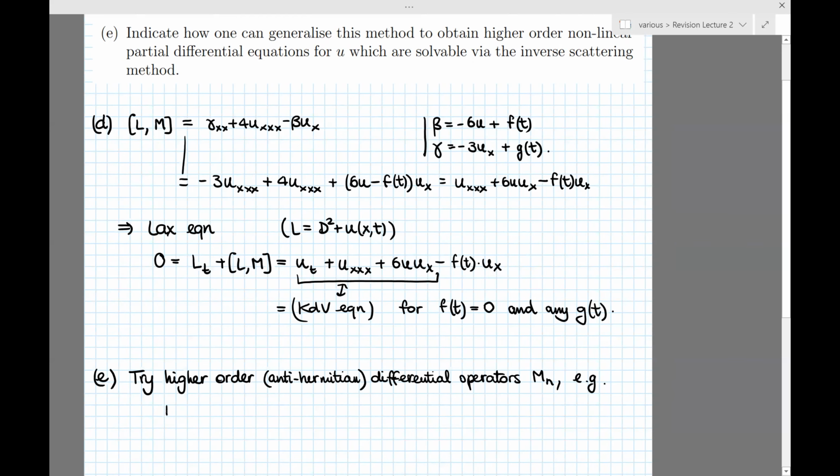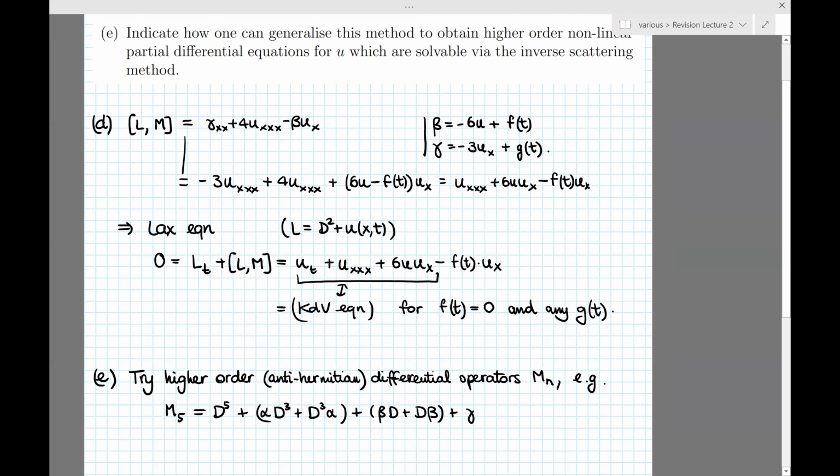So for example, for M5, we could take this to be d to the 5th power plus something like alpha d cubed plus d cubed alpha plus beta d plus d beta plus gamma.